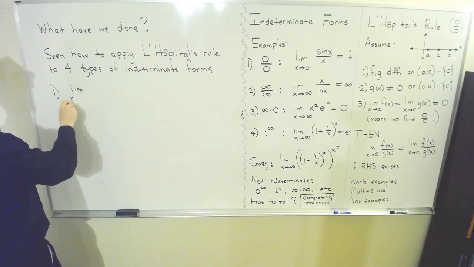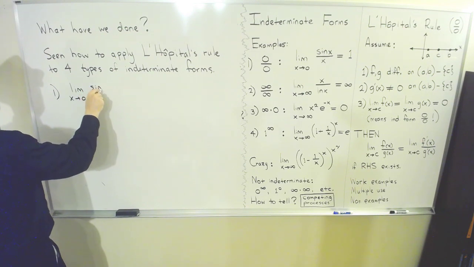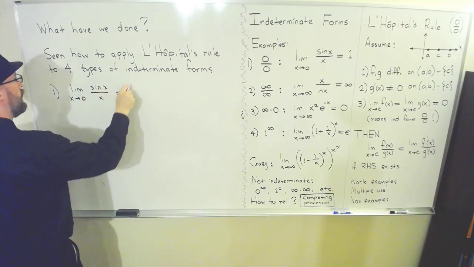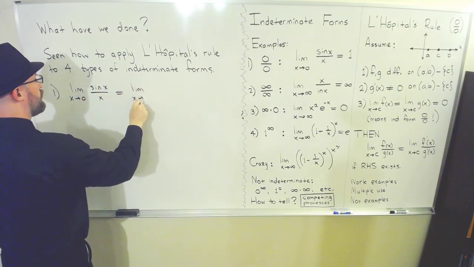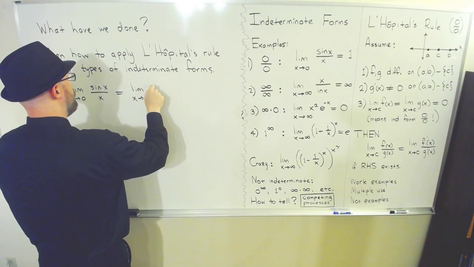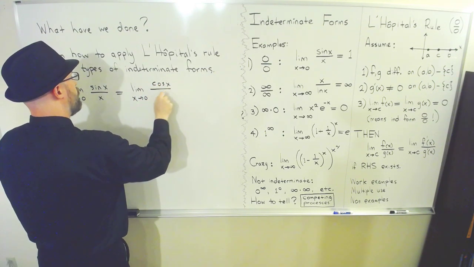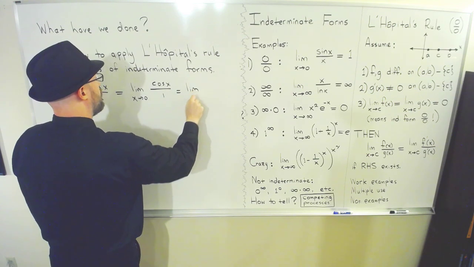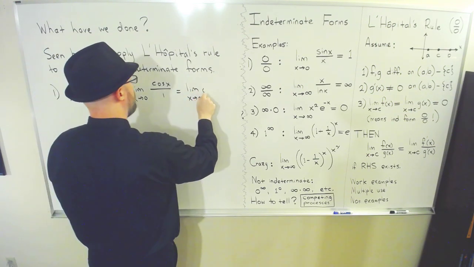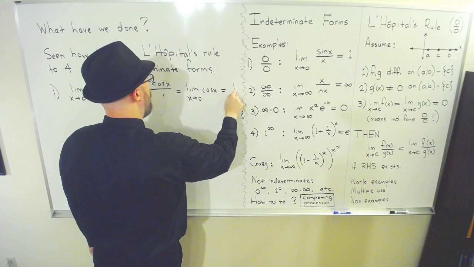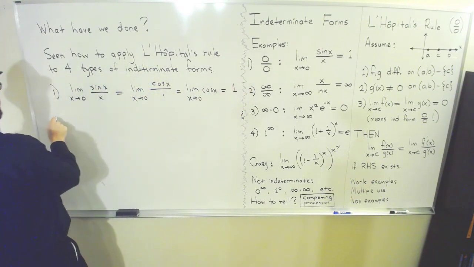Watch how fast this is. Limit as x goes to 0 of sine x over x equals limit as x goes to 0 of cosine x over 1 equals limit as x goes to 0 of cosine x equals 1. So that was number 1 done.